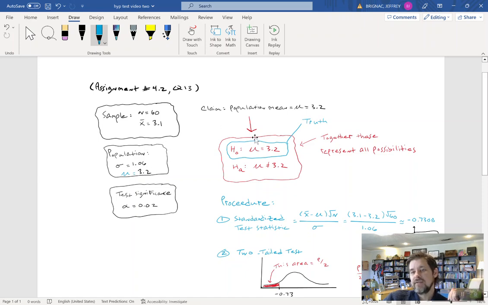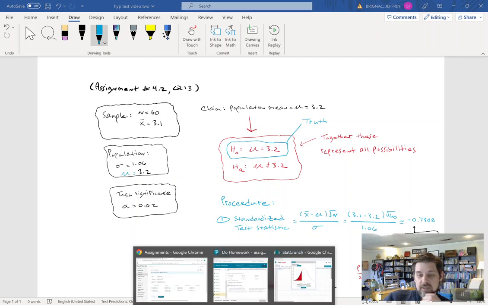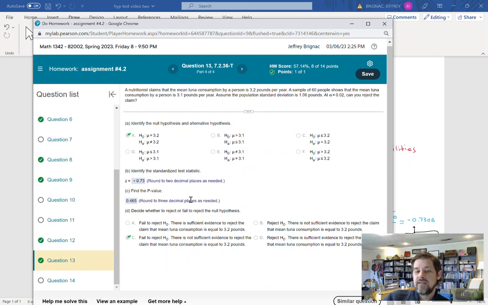So we think the population mean is 3.2. As far as answering, we would say we fail to reject H naught. There's not sufficient evidence to reject the claim that the mean tuna consumption is equal to 3.2 pounds per year. That would be the right way to phrase our final decision.